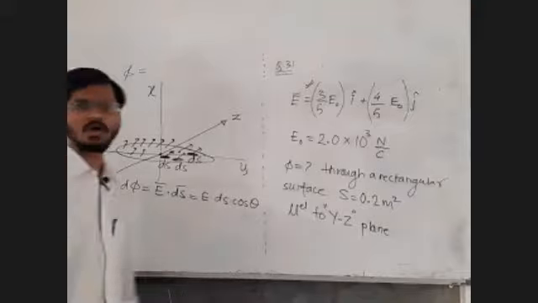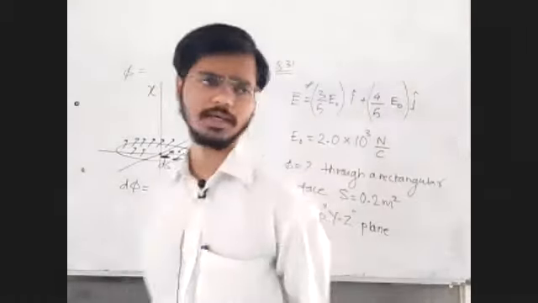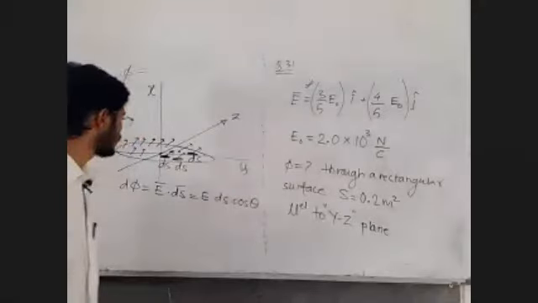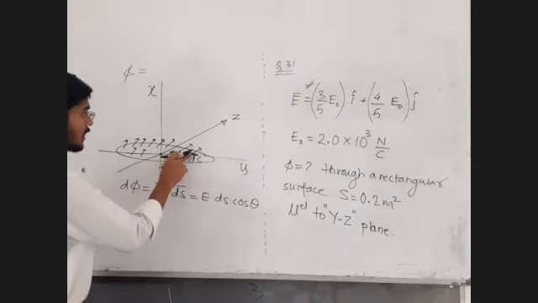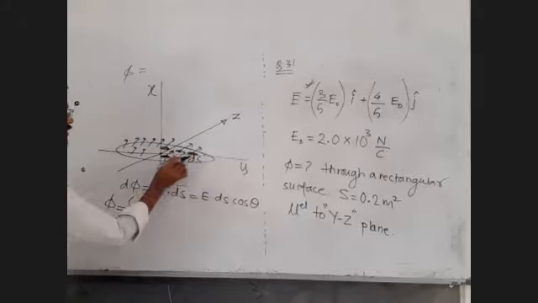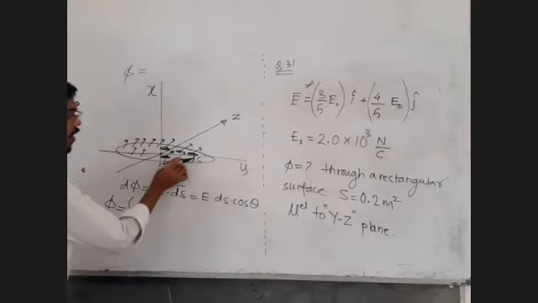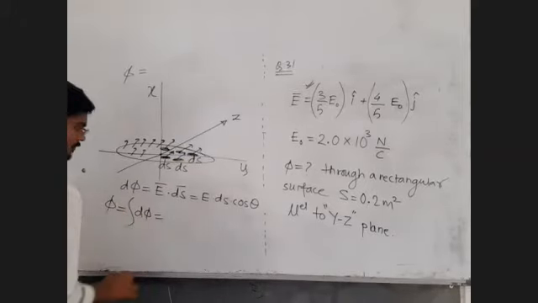But sir, here we are asked to find out electric flux through entire surface area. Okay. So sir, electric flux through this area plus electric flux through this area plus electric flux through this area, and all such electric flux are to be added, sir. Okay, so electric flux over entire surface area is integration of all such, integration means addition of all such small electric flux. Okay, sir.